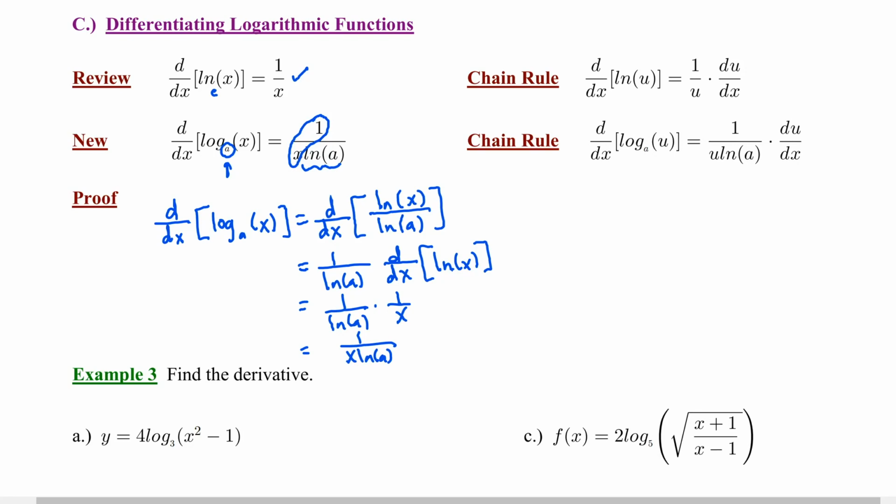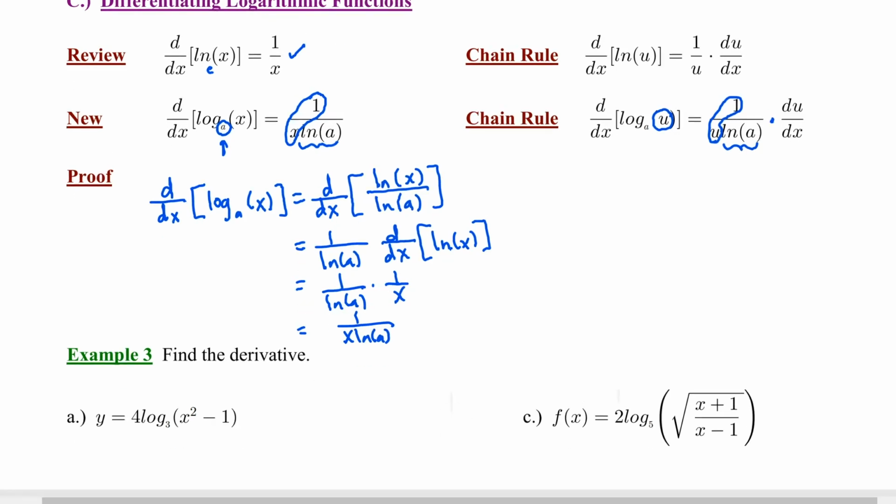The chain rule also applies to this situation. Let's suppose instead of an x, I have a function of x in the argument position. Well, we're still going to write 1 over the argument like we normally do. We're going to have this extra adjusting factor, natural log of a, because of the base of the logarithm, and then we'll multiply by the derivative of the argument.